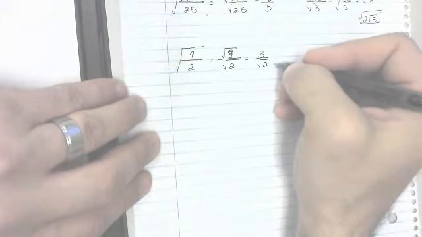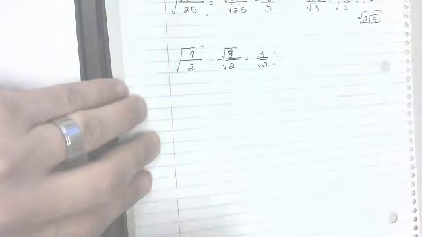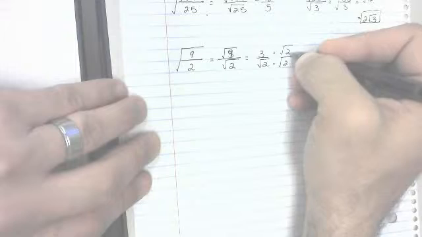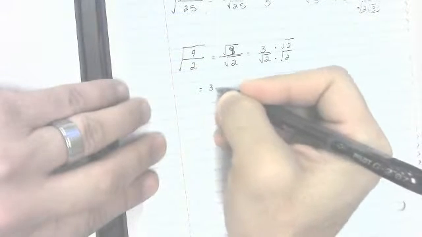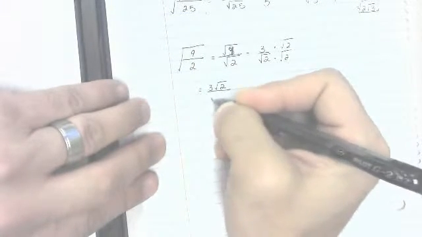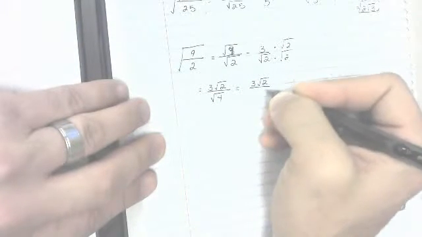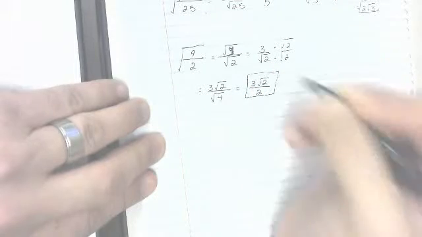We can rationalize it by making our denominator into a perfect square in this case. So the square root of 2 is not a perfect square, but if I multiply it by another square root of 2, now I'm going to get the square root of 4 in my denominator, and the square root of 4 is just 2. So that's now an appropriate answer because my denominator is not in a radical.